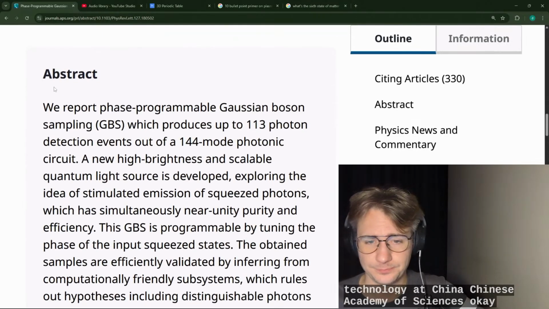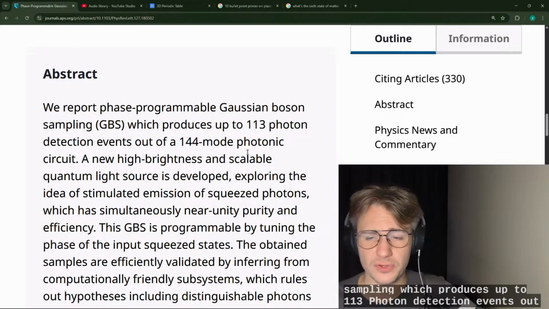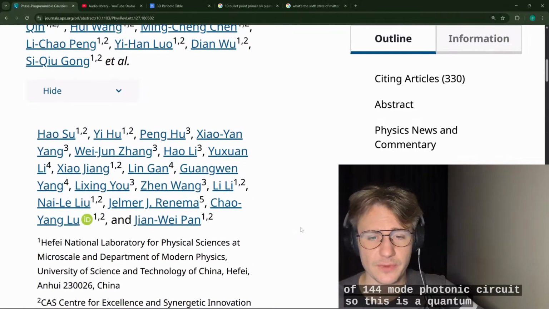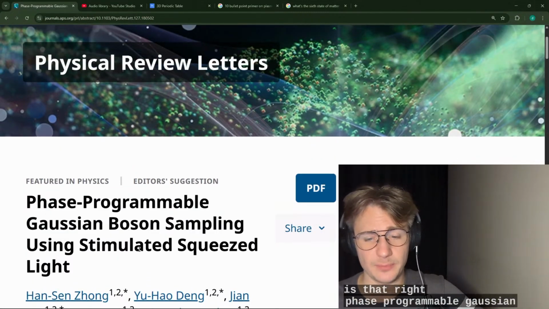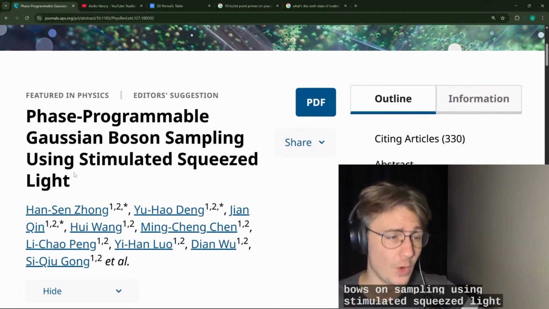Okay. We report phase programmable Gaussian boson sampling, which produces up to 113 photon detection events out of a 144-mode photonic circuit. So this is a quantum computer, is that right? Phase programmable Gaussian boson sampling using stimulated squeezed light. It reads like quantum computer.